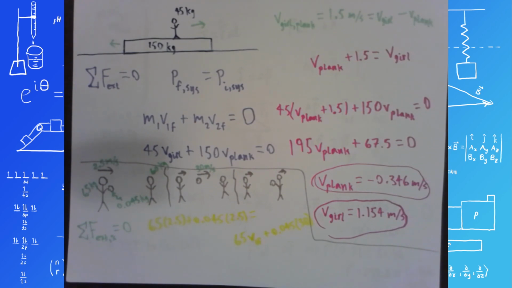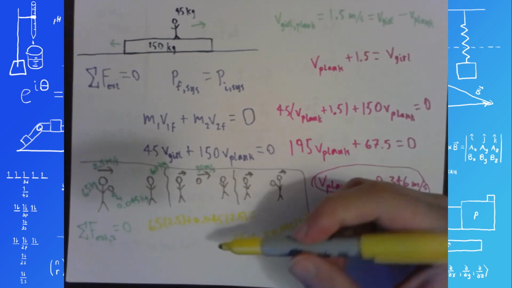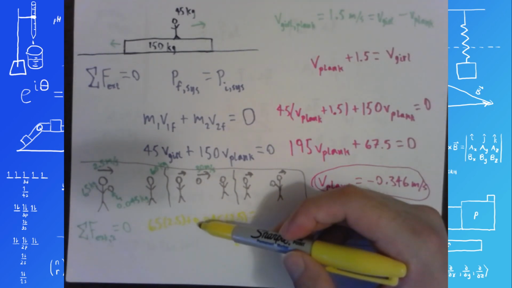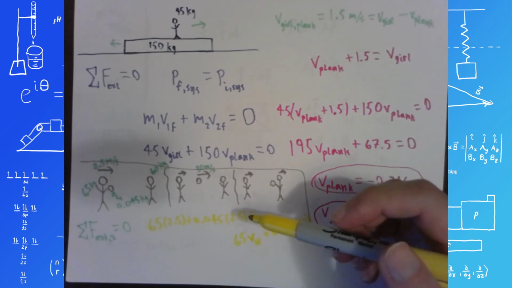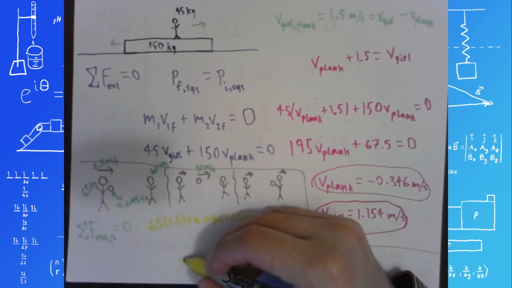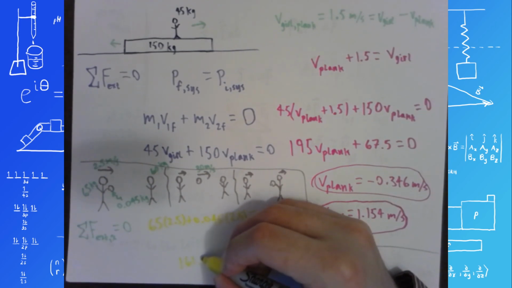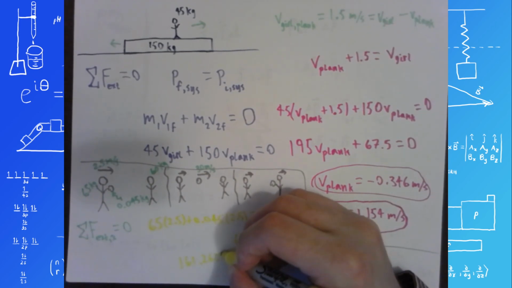And then subtract 0.045 times 30. Okay, so this was 162.6125, and after I subtract 0.045 times 30, I'm left with 161.2625.